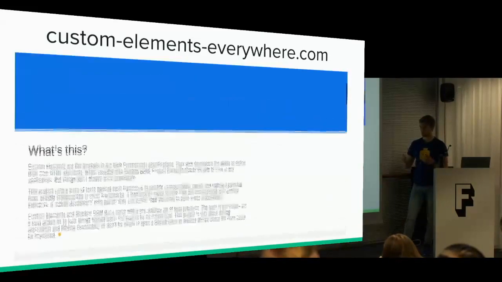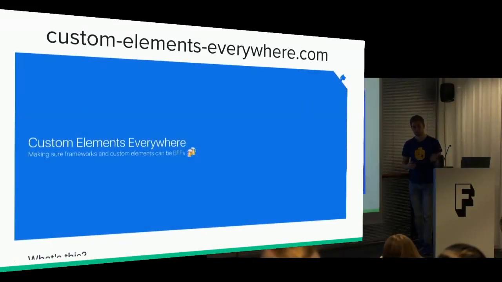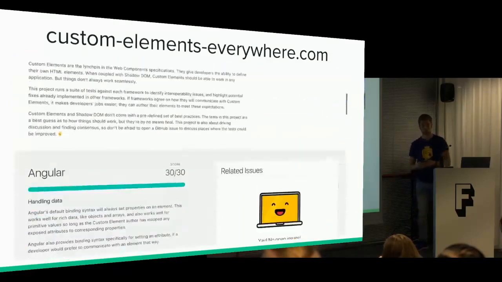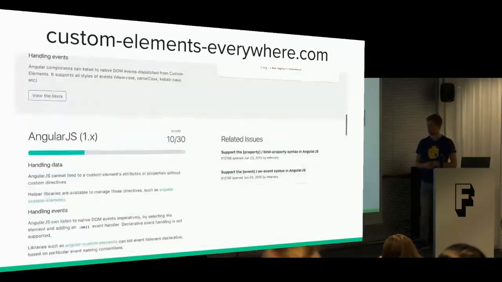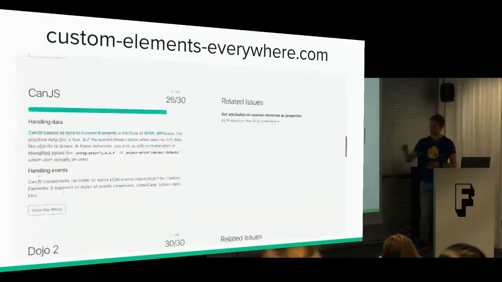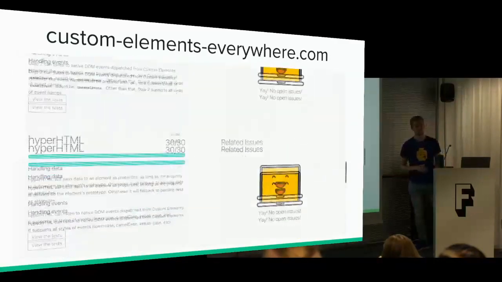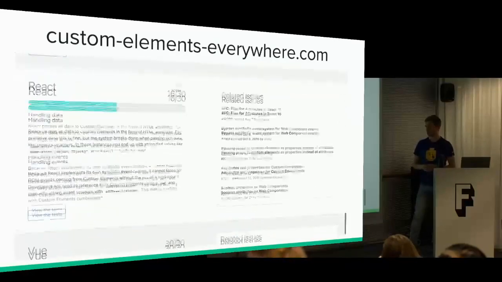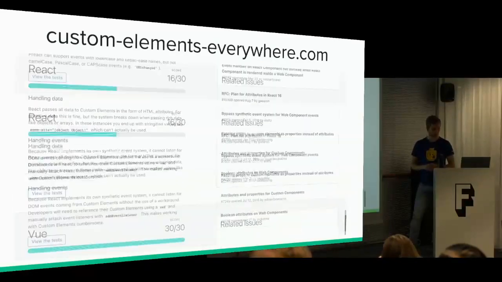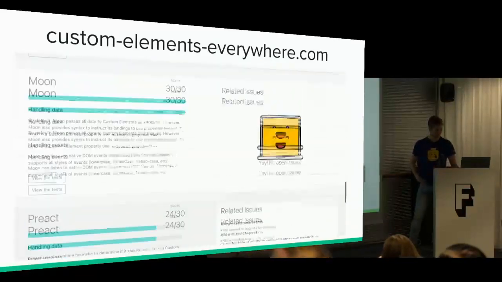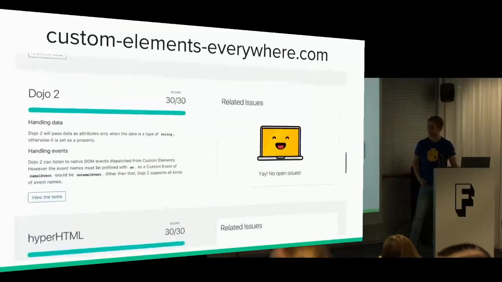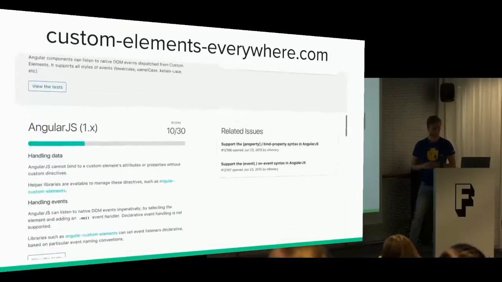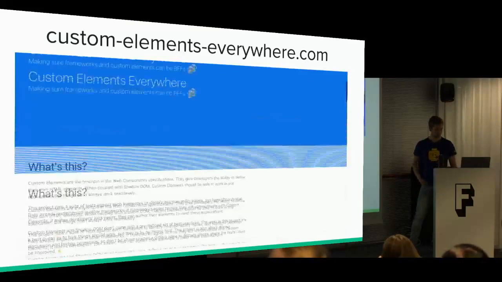For example, they work perfectly on Vue, perfectly on Angular, but not so great with React at the moment. But I'm really hoping that in the future, for example during this year, all of these frameworks would reach the 30 out of 30 score. But at least we are moving all the time towards being more supported in all of the frameworks.